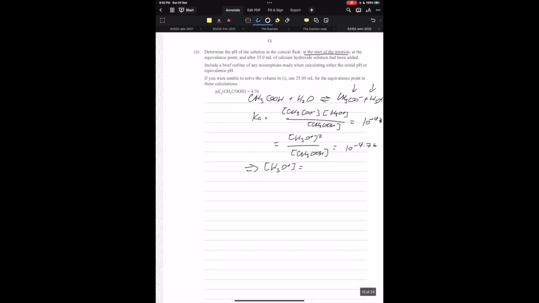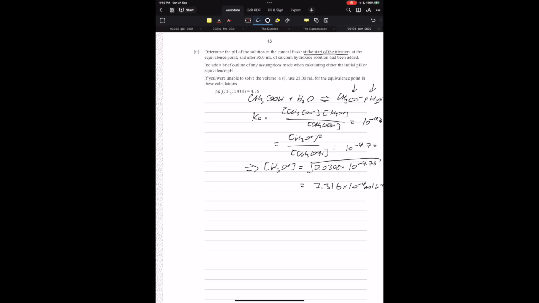So then we have 0.0308 times 10 to the negative 4.76, all square rooted. And that is equal to 7.316 times 10 to the negative 4 moles per liter.